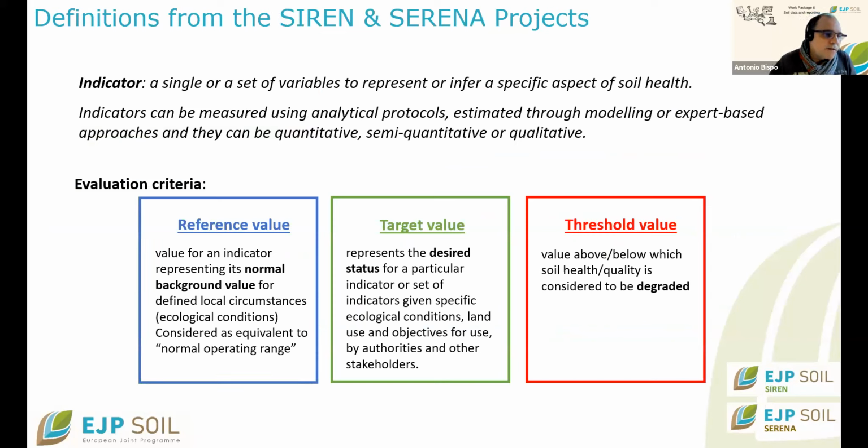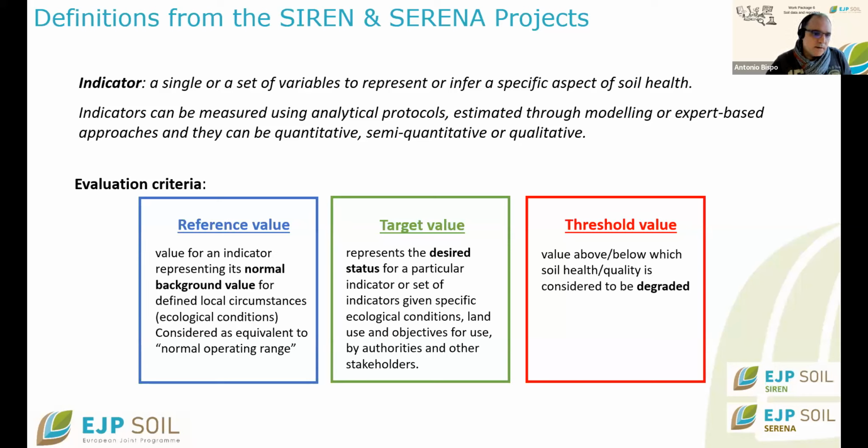And so a reference value is a value for an indicator representing its normal background value for defined local circumstances. And you can consider it as equivalent to normal operating range. That's also another way of saying reference value.